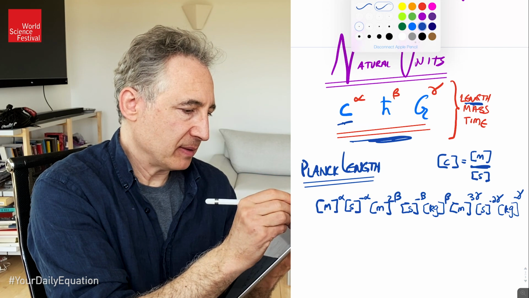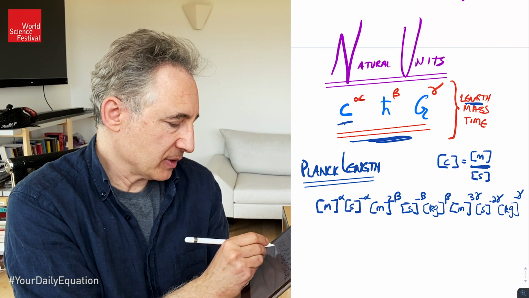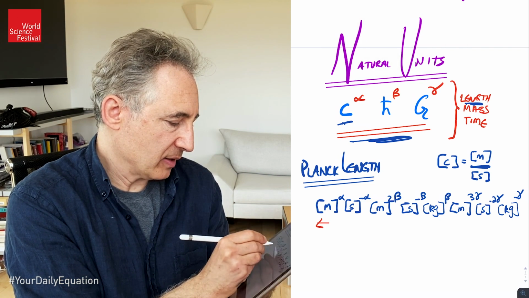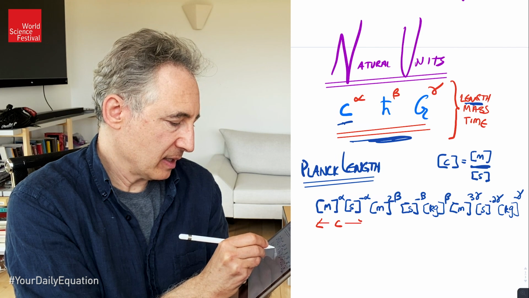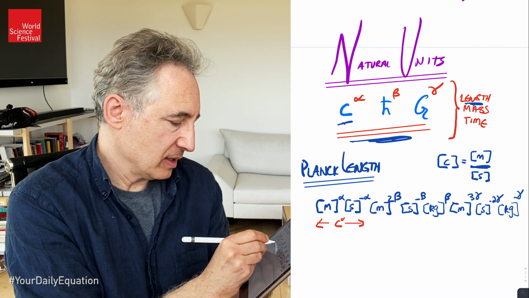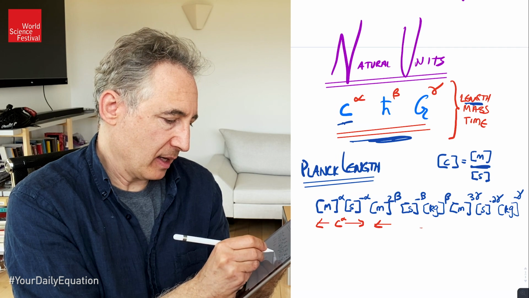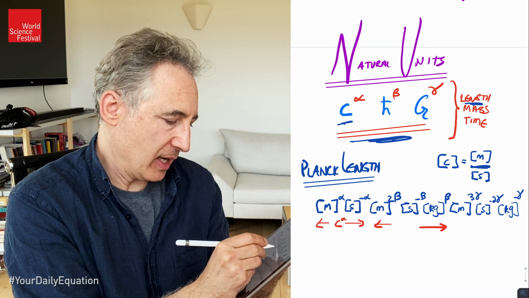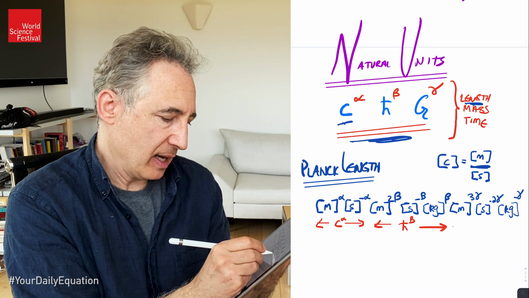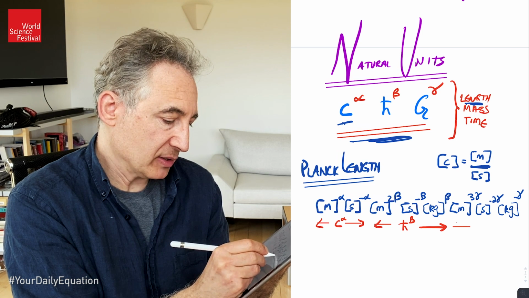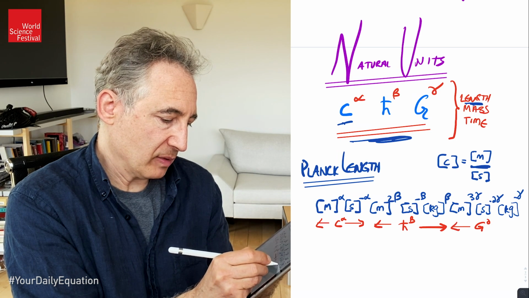So that's just in terms of my units. Of course, again, this is my units of c to the alpha. This here is my units of h bar to the beta. And this here gives me my units of G to the gamma.